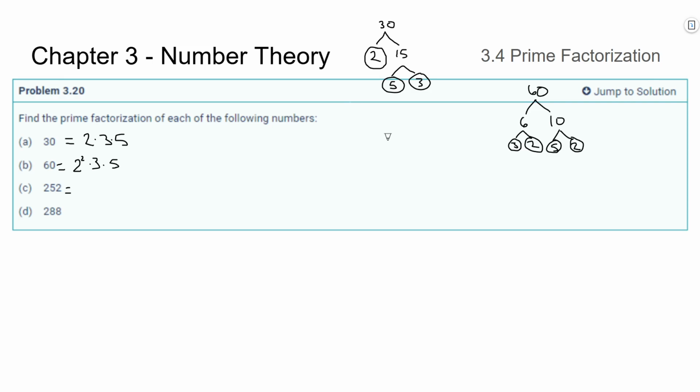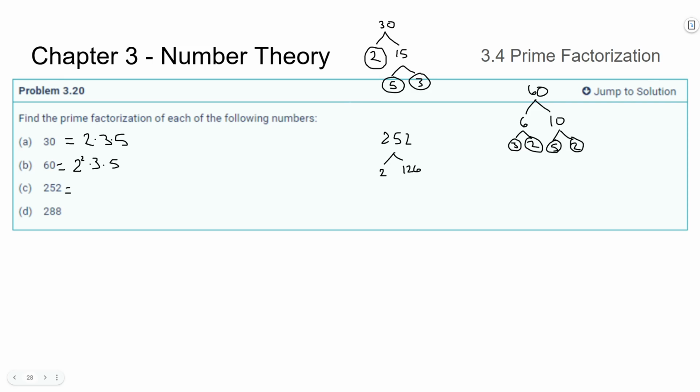Now 252. All right, well, let's see what we can do here. So it's an even number, so we know 2 is a factor. So 2 and 252 would be, let's see, 126, if I did that right.